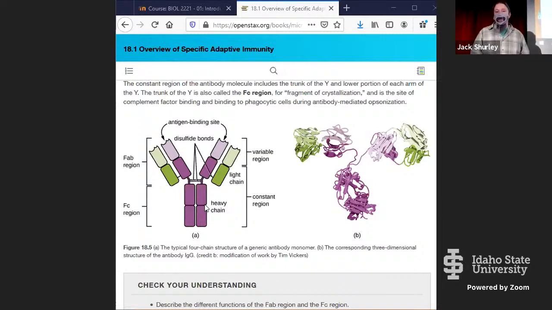And we will hit that in just a second, all right? So the Fc region is important in stimulating other types of reactions or being recognized by other cells as a red flag, if you will, that we need to see what's going on with these guys, all right?